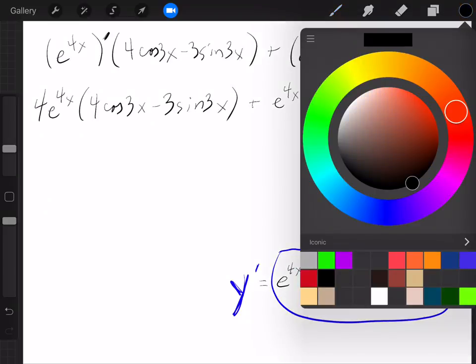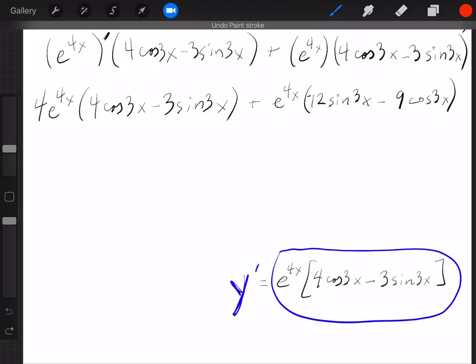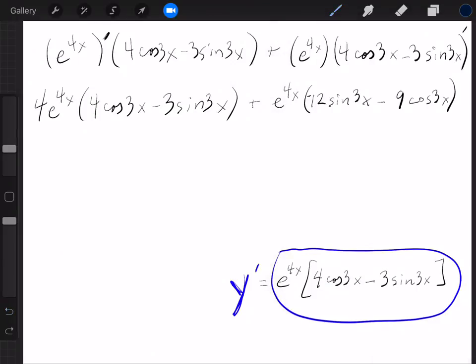All right, so we're going to do common factor, e to the 4x. Those are going to be our common factor. We'll take those out. So that's e to the 4x coming out.